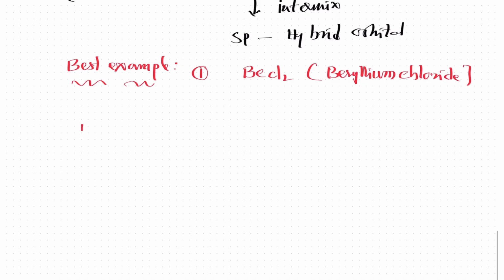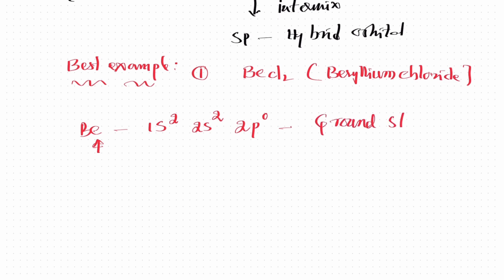Beryllium, atomic number 4. Electronic configuration 1s2, 2s2, and 2p0. This is the ground state electronic configuration of beryllium.